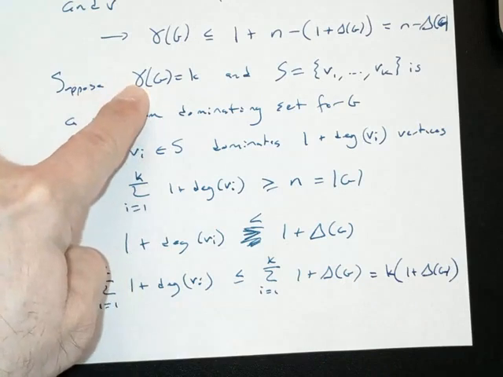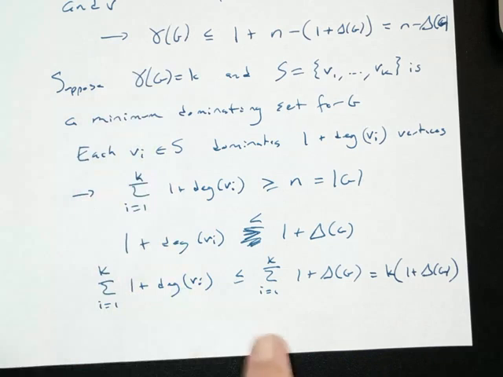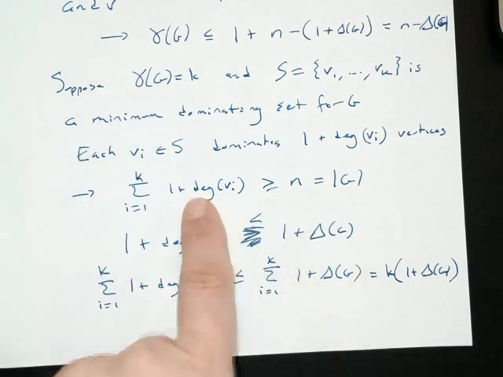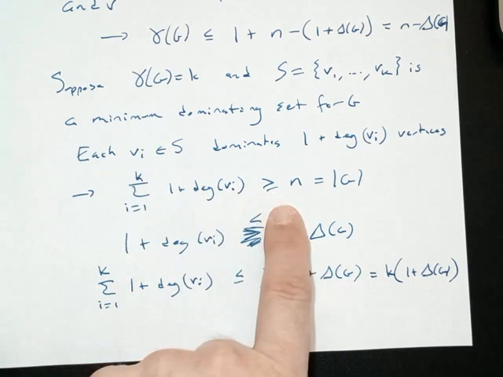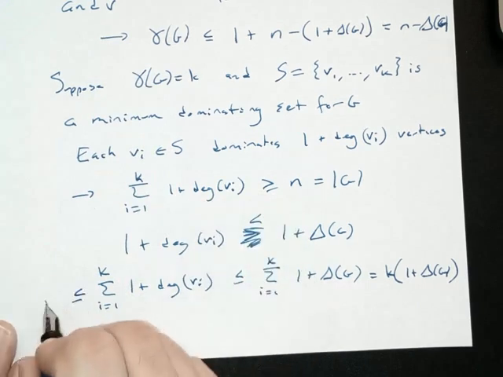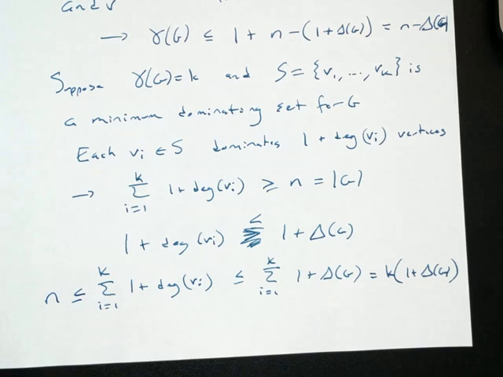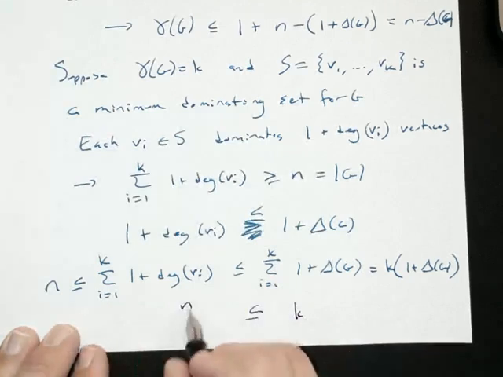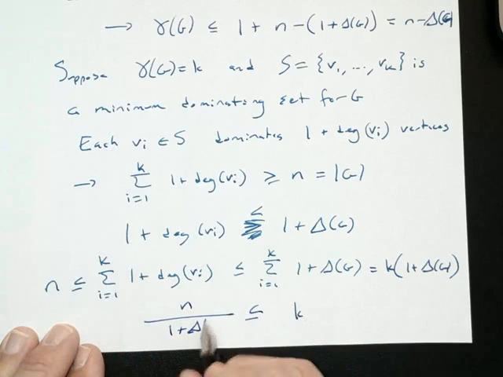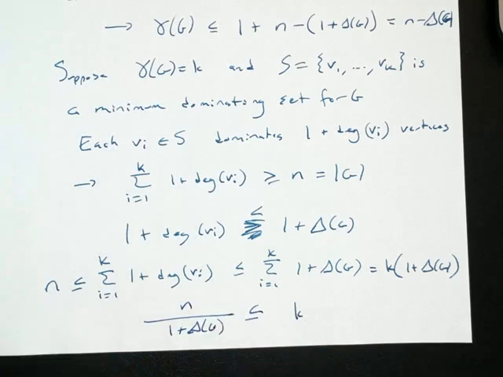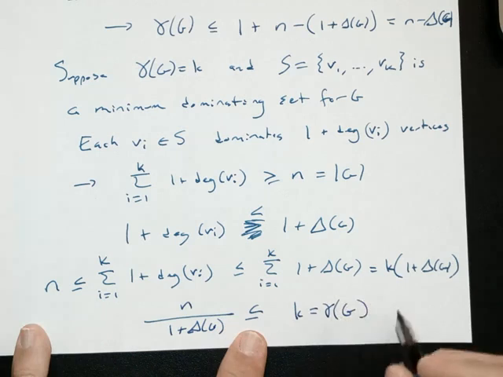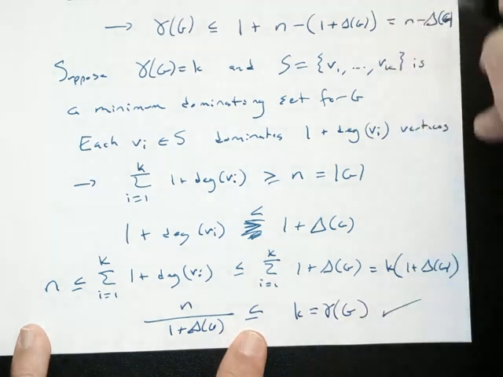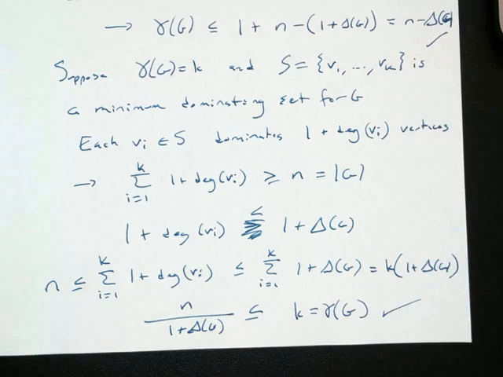And this total is bigger than or equal to n. Divide to get k all alone. I got the upper limit up there. I got the lower limit down here.